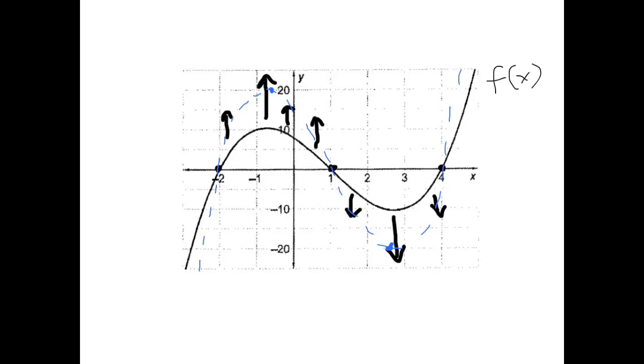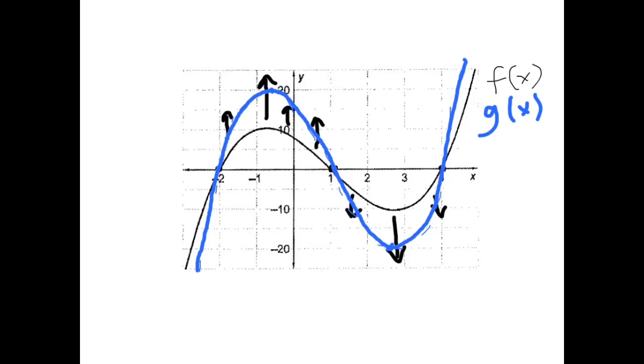Let's make that a solid line to make it easier to see. Now we'll call this blue one g of x. g of x is f of x, but it's been stretched.